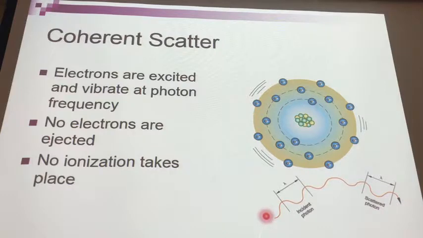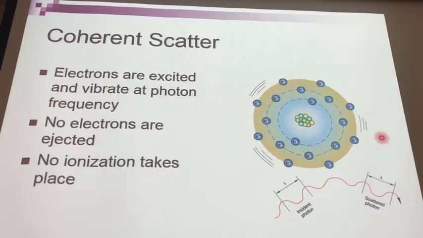You have a low energy photon coming in, with a large wavelength and low frequency. It comes in and hits the atom, the entire atom. That's why you see these lines here, they indicate vibration.